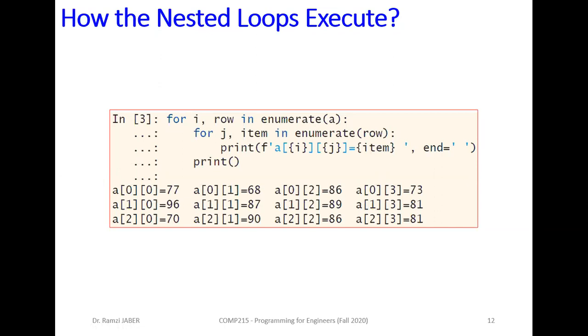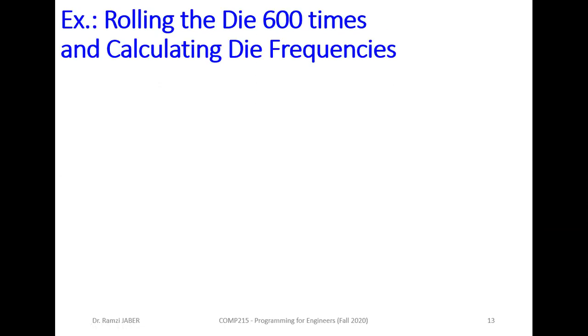Okay. Example. Rolling the die 600 times and calculating die frequencies. How many ones? How many twos? How many threes? Who can tell me, normally, when you roll a die, what is the probability of getting 1, or 2, or 3, 4, 5, 6?